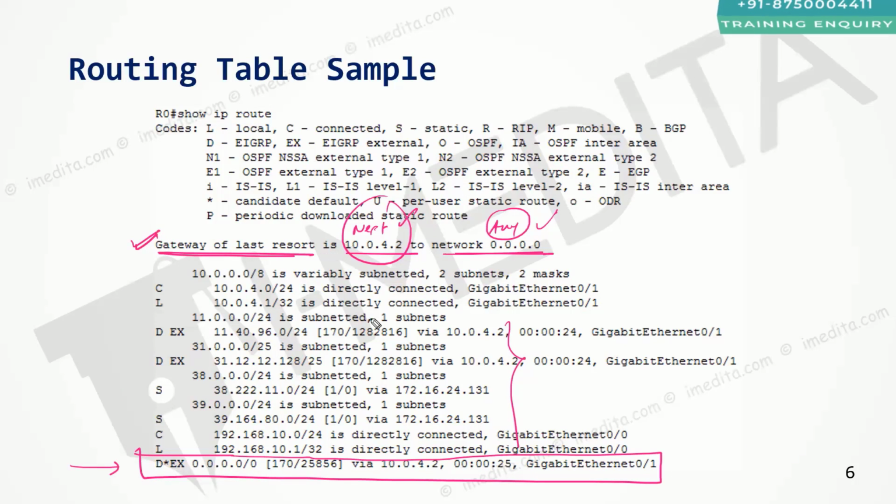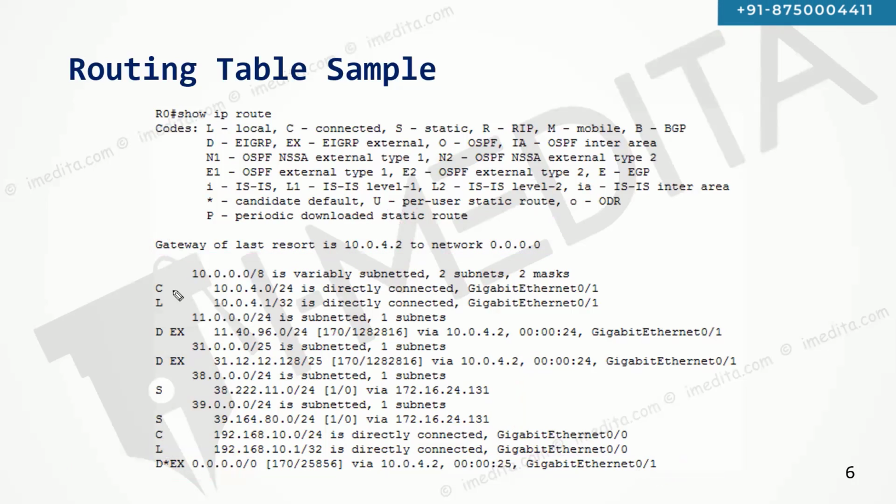It is going to give the same information: if you want to go to any destination that is not present in your routing table, you have to go to this gateway, this next hop. And the same information is actually maintained in here as well. So this is also a default route, and the default route information can also be seen with the name of gateway of last resort.